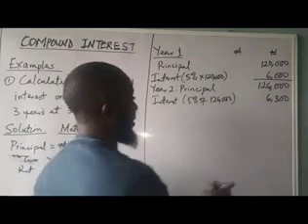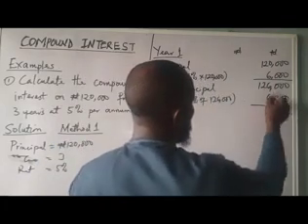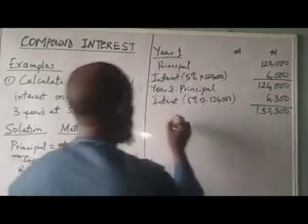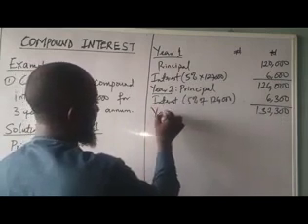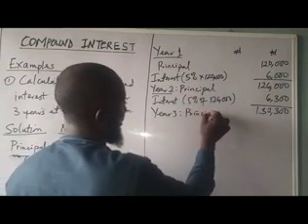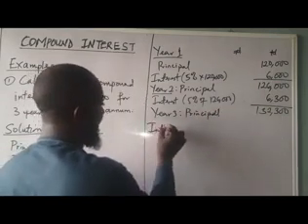So we add them together, and this will give 132,300, and this is year 3 principal. So this is year 3 principal. So we calculate the interest for year 3 again.